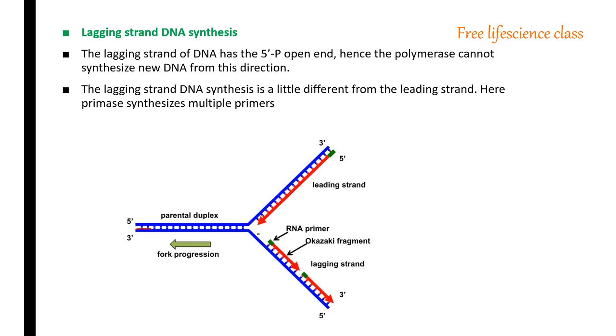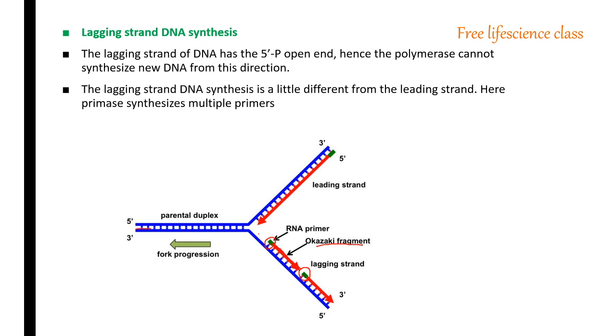So we have to start from this region itself, so that the DNA polymerase will add RNA primer in a frequent manner, that is, at intervals. Then the DNA polymerase will add nucleotides at the 3'OH position of this RNA primer, and short stretches of nucleotide sequence are synthesized, and we call these short stretches of nucleotide sequence Okazaki fragments. Okay.